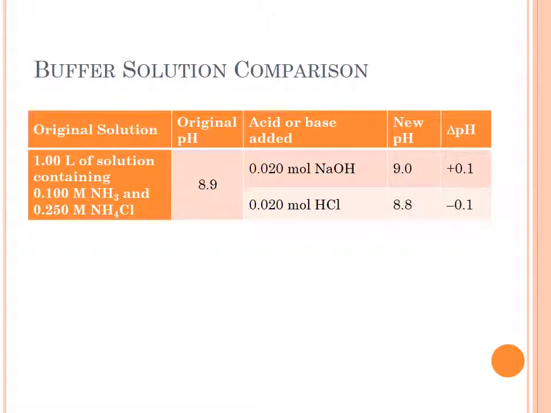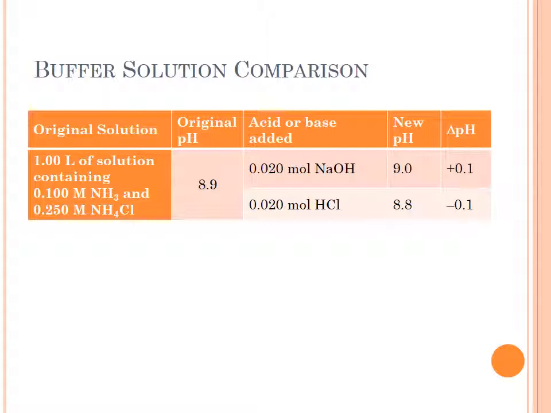Summarizing that, you can certainly see that the original pH of the buffer we calculated was 8.9. When we added 0.020 moles of sodium hydroxide, the pH went up to 9, a change of 1/10 of a pH unit. When we had 0.020 moles of HCl, it went down to 8.8, or a drop of 0.1 pH unit.